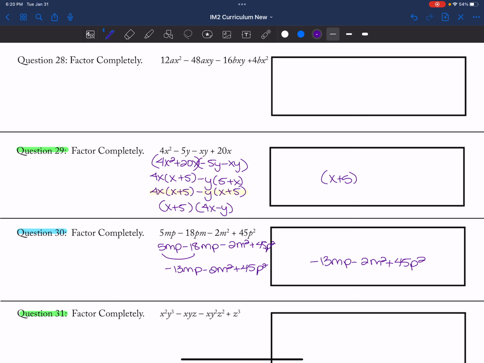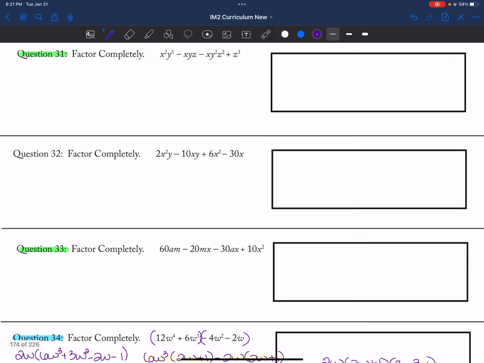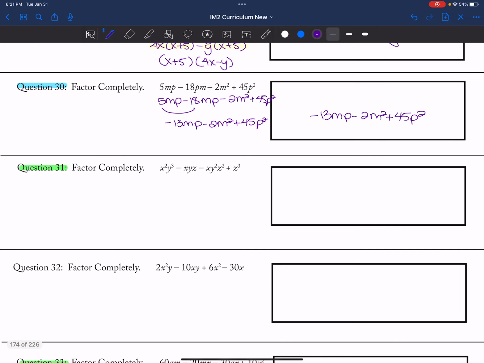So x plus 5, 4x minus y. Okay, and then we're almost there. Let's see. Not everybody has common terms. So I can factor out an x, I can factor out a y. I'm left with x y squared minus z, and then minus z squared.